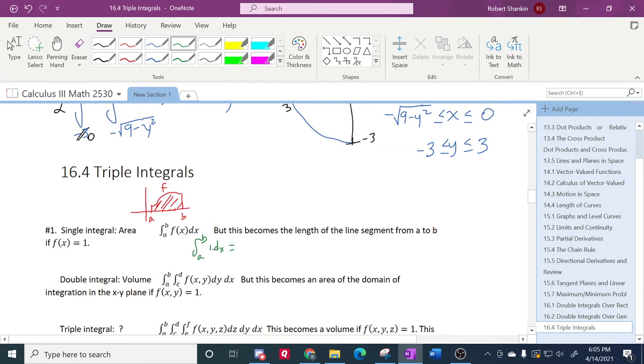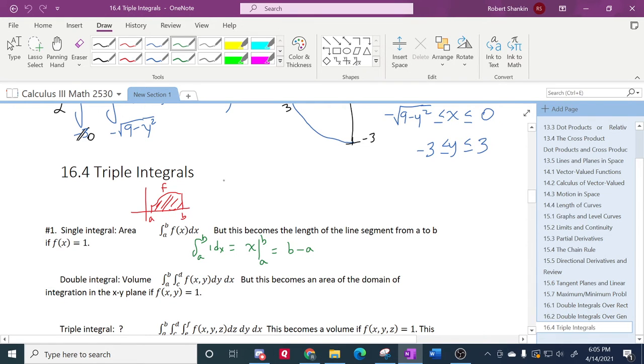The antiderivative of 1 is x, evaluated from a to b. And then you substitute, and you just get b minus a. And by the way, the other way to look at this is you subdivide the interval from a to b, you partition it, and then you get the heights.